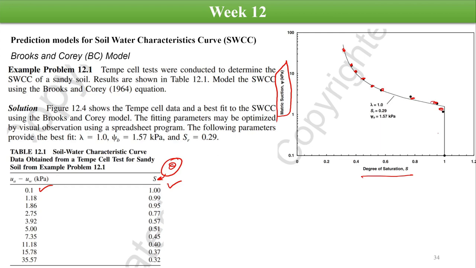And if we now try to fit a curve using the Brooks and Corey model, then we'll obtain this kind of curve. And for this particular best fit curve, we can determine the value of lambda. Okay, we can vary the value of lambda, and then we can see how better it is fitting the data set. Okay. In this way, we actually determine these values.